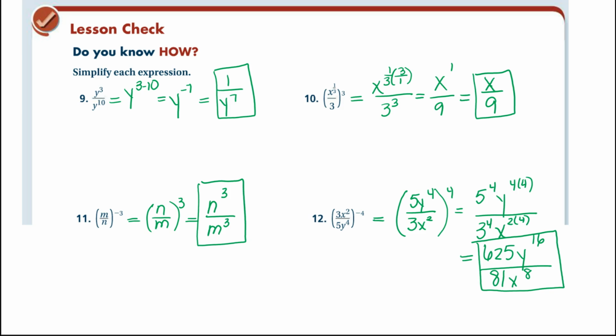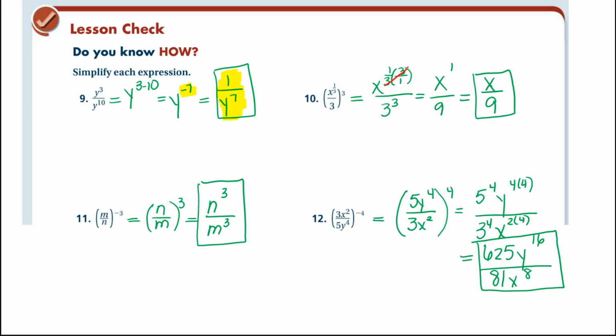So number 9, y to the 3rd divided by y to the 10th. Simple subtraction, y to the 3 minus 10 gives me y to the -7, and so I need to invert that, so my final answer would be 1 over y to the 7th. Number 10, distribute that 3 to both terms. So x to the 1/3 times 3 over 1.